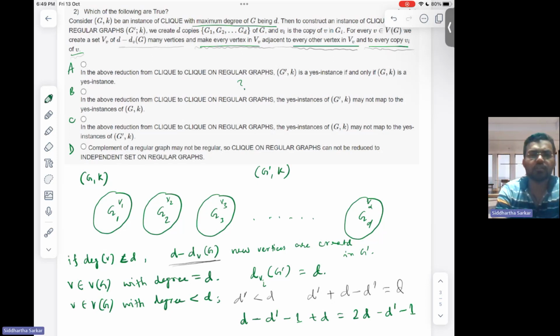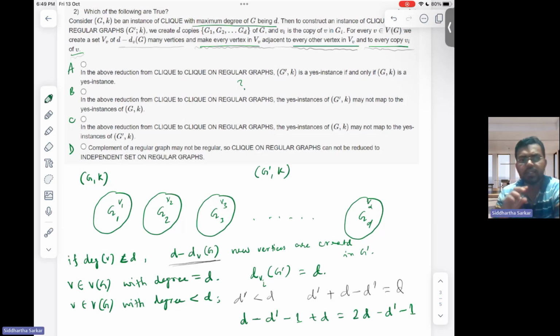So the standard reduction from clique to clique on regular graphs, they do something else. In the standard reduction, they do the following.